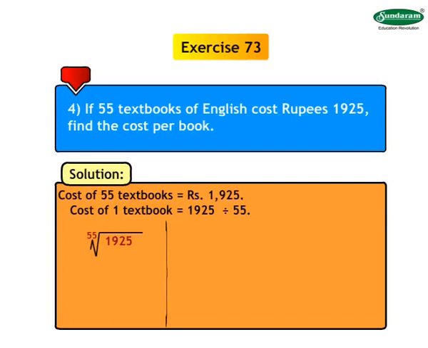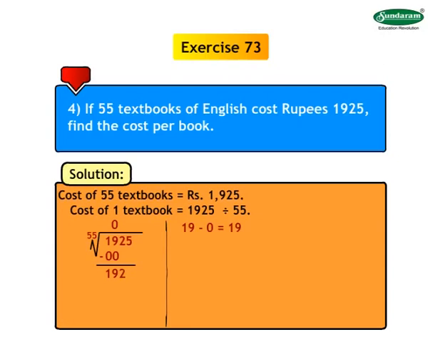Let us consider the first two digits on the extreme left of the dividend, that is 19. 19 cannot be divided by 55. So put a 0 in the quotient place above 19. Subtracting 0 from 19, we get 19. Now write the digit 2 next to 19. Now divide 192 by 55.